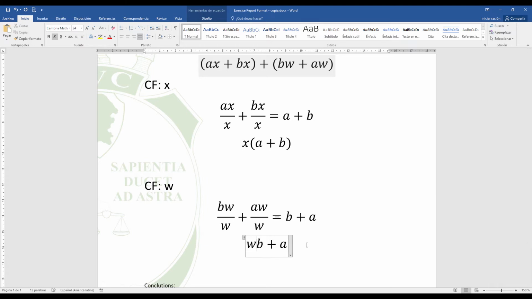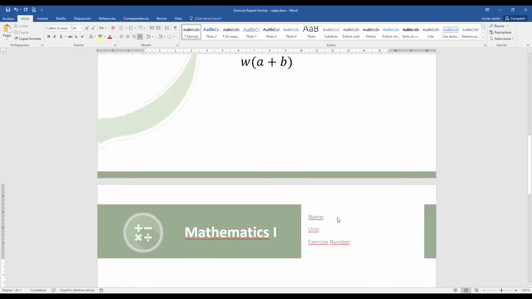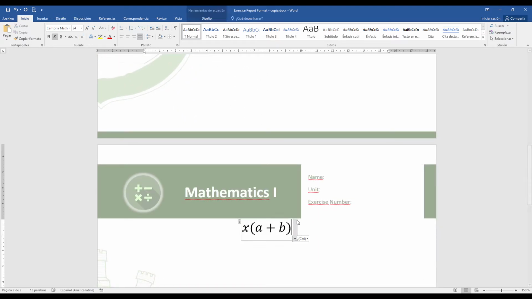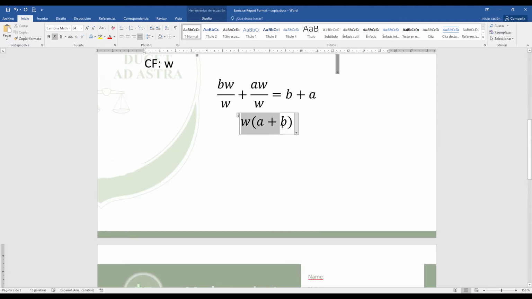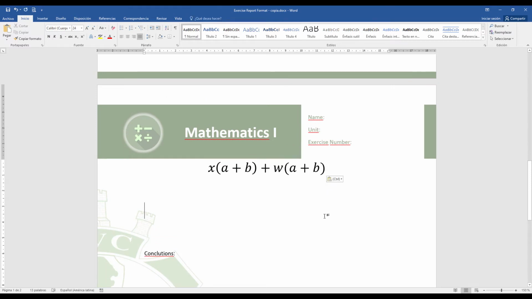So the result is, you can sort it now here. Okay, now you need to join the results. Now this is the factoring of the first group and this is the factoring of the second group.